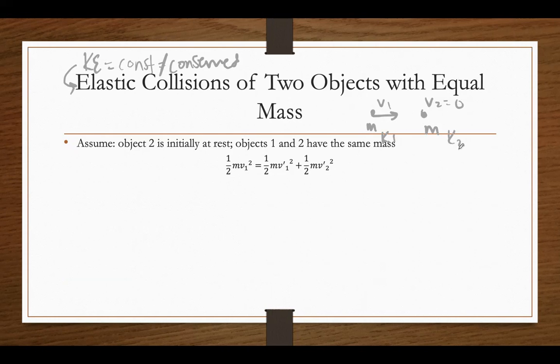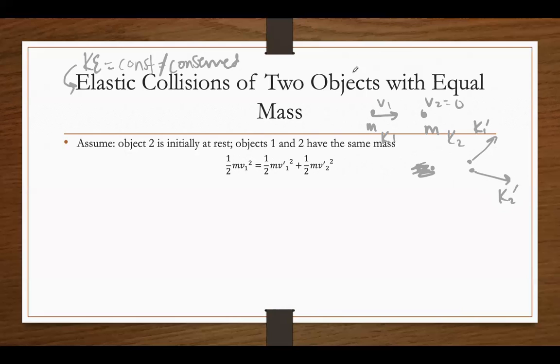But since the second mass is not in motion, we just have the kinetic energy of the first, which is 1/2 m v1 squared. And after they collide, they go their opposite ways, and we have two different kinetic energies again, K1 prime and K2 prime.